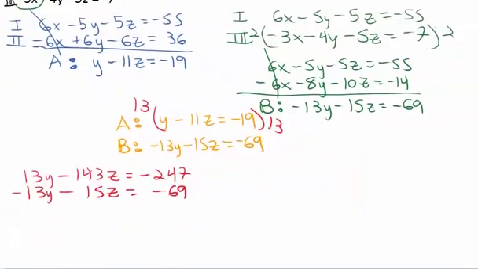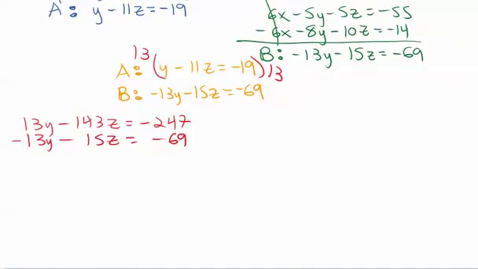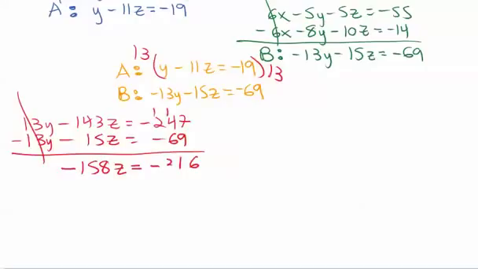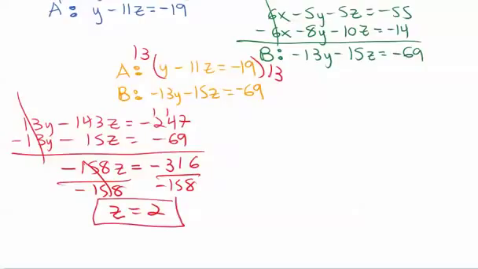I'm going to have to scroll a bit to get some work room as we add these together, giving us negative 158z equals negative 316. Which is really nice because I'm pretty sure when we do 316 divided by 158, we're going to get 2. Divide by negative 158, and z does equal 2.